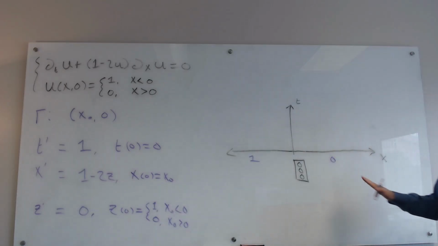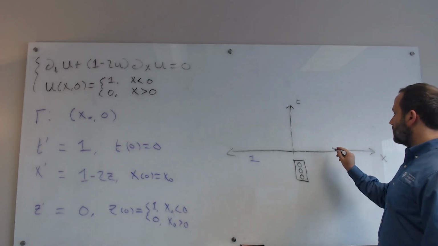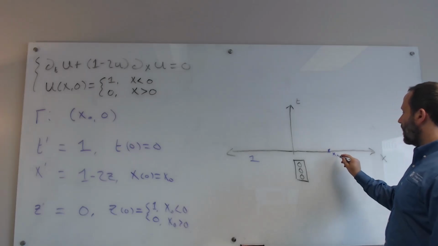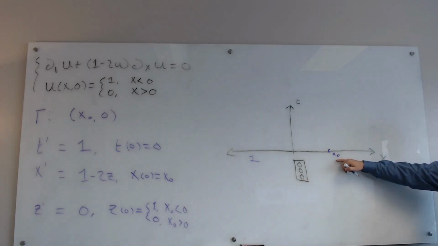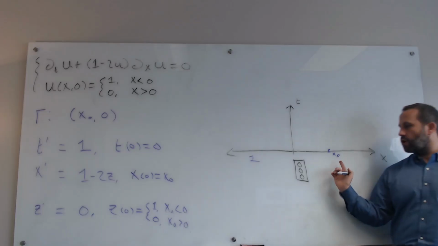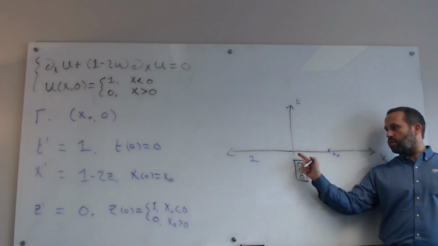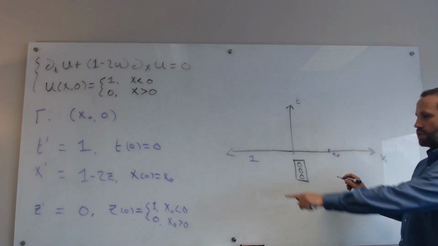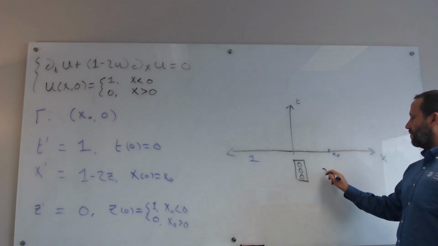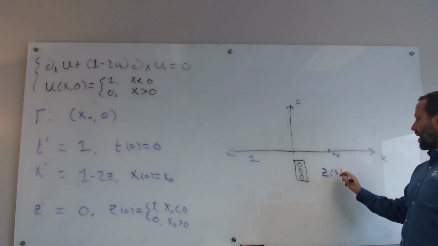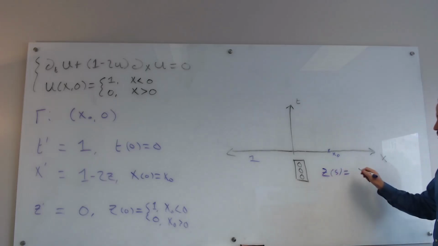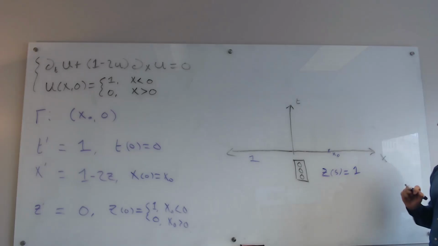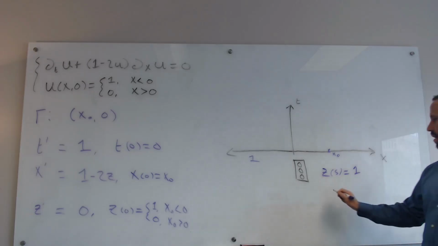Okay, I'm going to carry out basically the same exact analysis. So if I start with a generic point x naught with x naught bigger than 0, over here, well, z prime is equal to 0. So I'm going to have z of s is going to be equal to 1 for any characteristic that starts at that point.